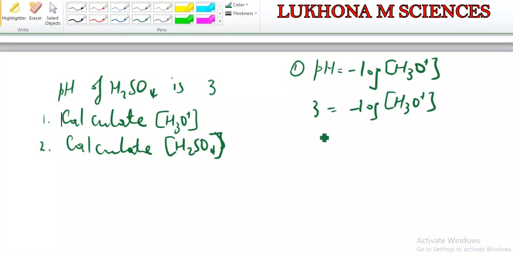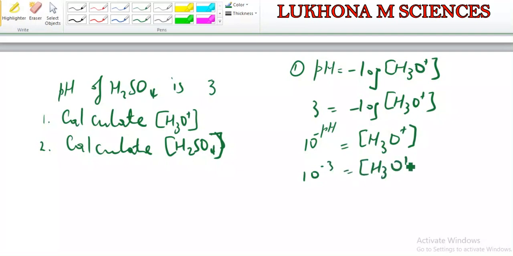If we are given the pH, we can change this to 10 to the power minus pH. The pH is 3, so 10 to the power negative 3 will be equal to the concentration of H3O+. Then press calculate.